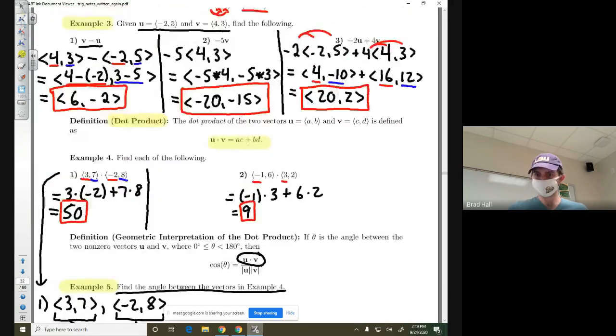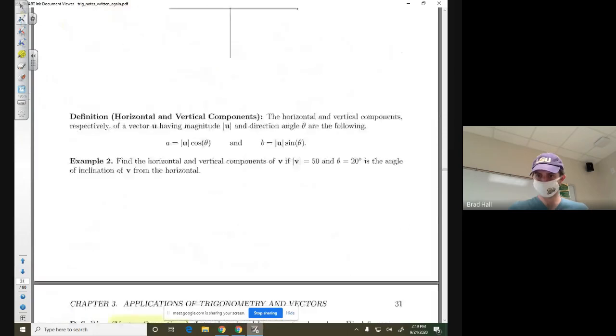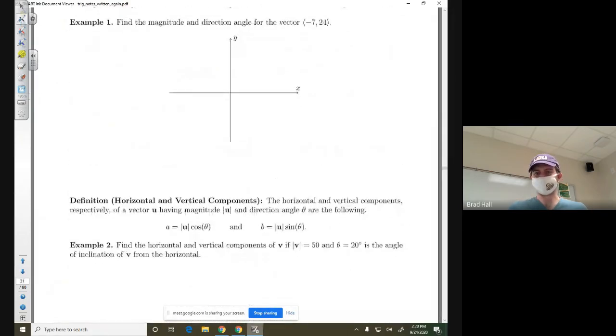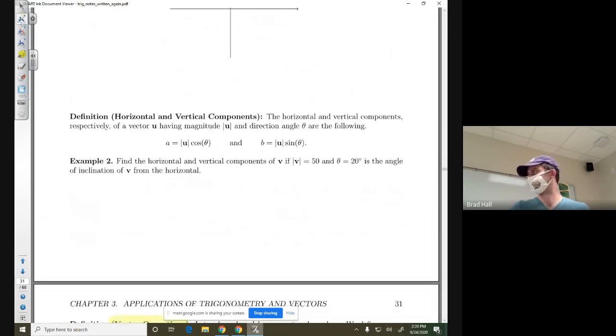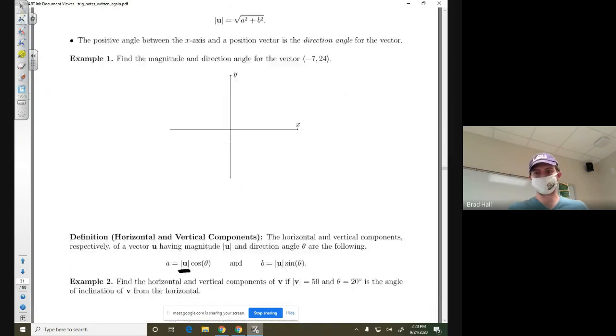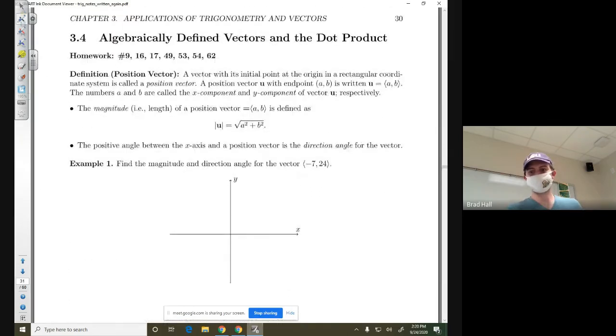We used it in the horizontal and vertical component stuff. See, there it is right there. They gave us that number, but look at that. It's the Pythagorean theorem, in other words.